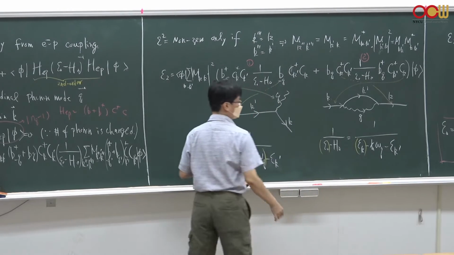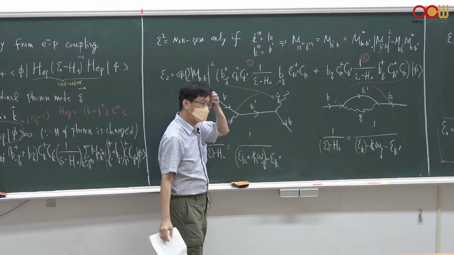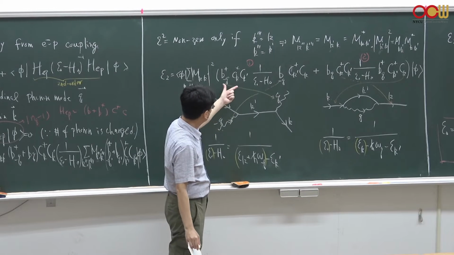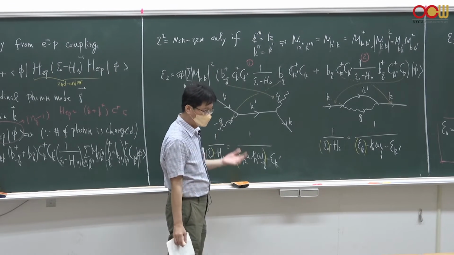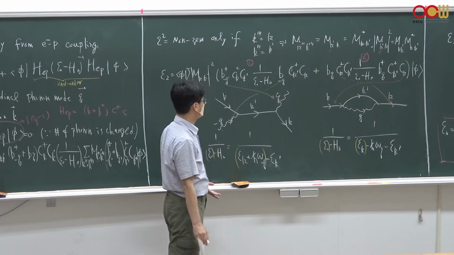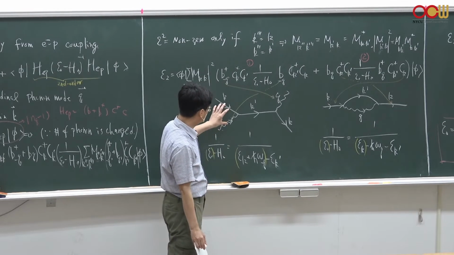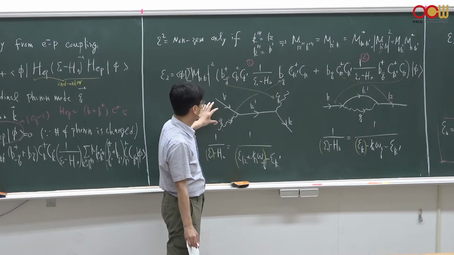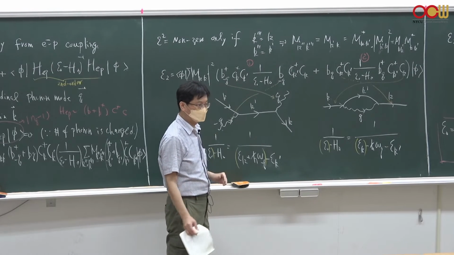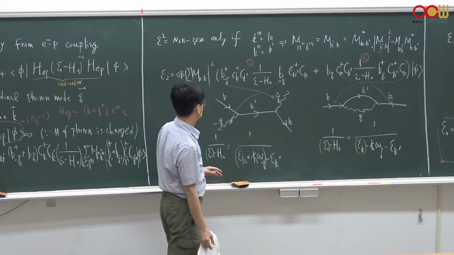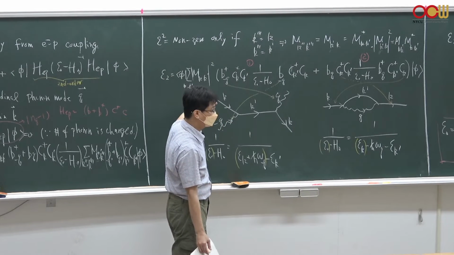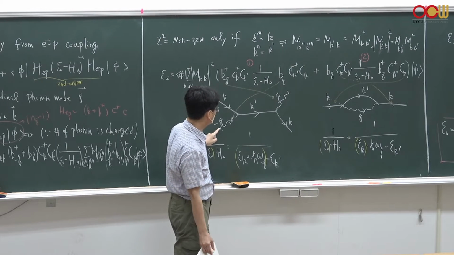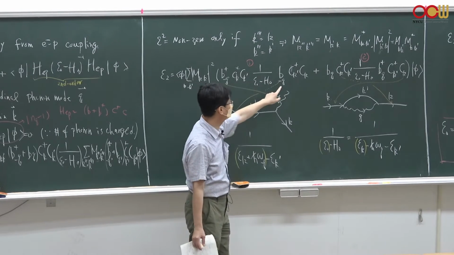As we have done already in the past chapters, we should form the occupation number for boson operators, and also for fermion operators. This is a cartoon diagram to illustrate how these operators can be paired. For example, the initial state contains an electron with momentum k, and another phonon carrying momentum minus q.